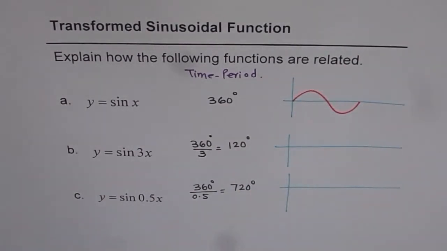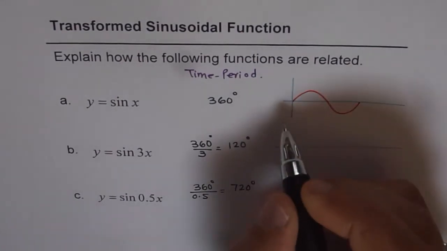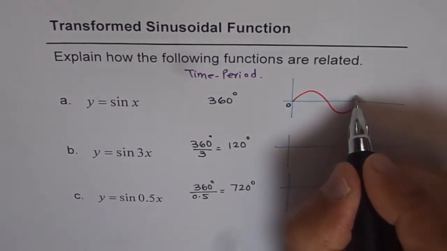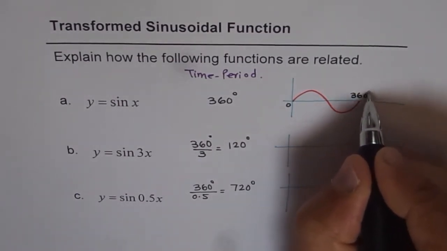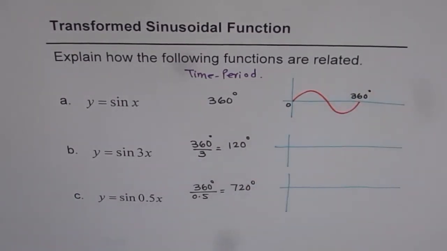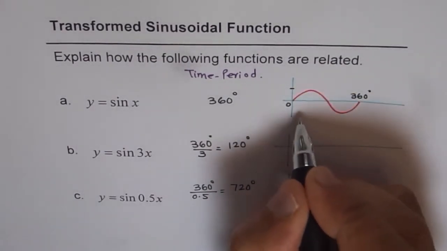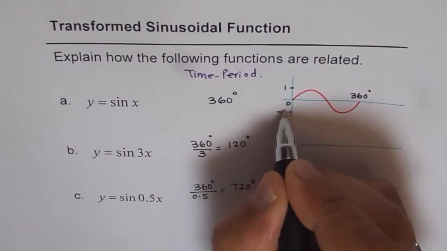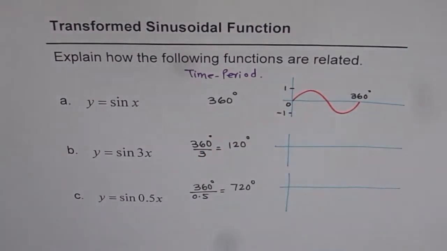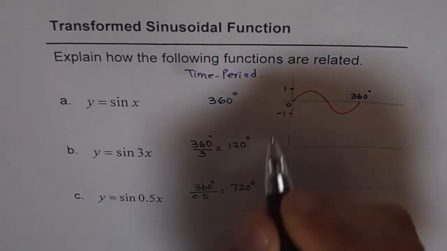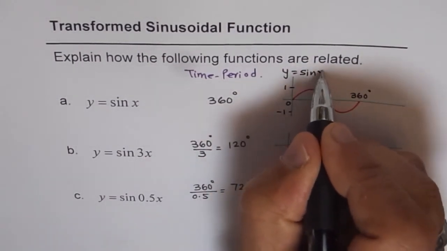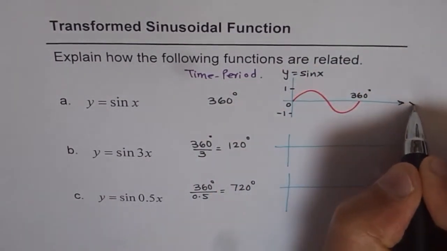That is a sine function where it starts from 0 and one cycle is completed in 360 degrees. Let me write 360 degrees here. It goes from a maximum value of +1 to a minimum of -1. So that is how sine x will look. Let me write this as y equals sine x, and on this axis we have x.